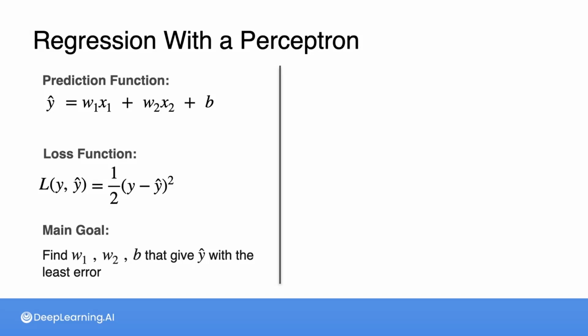Now, how do we find these optimal values? We're going to minimize L using gradient descent.